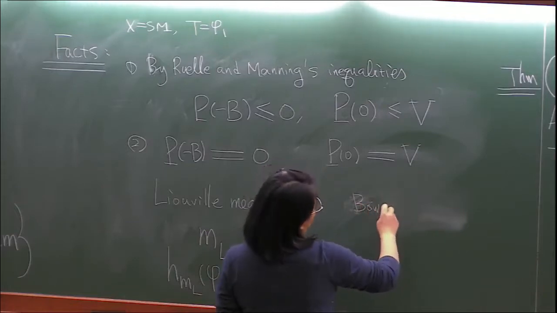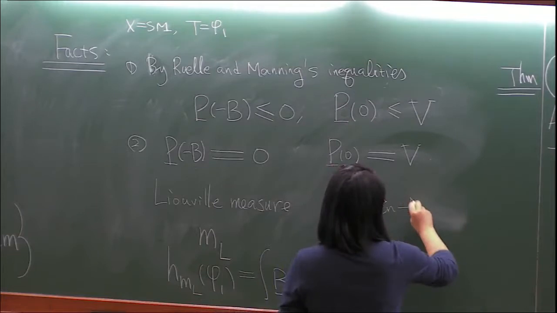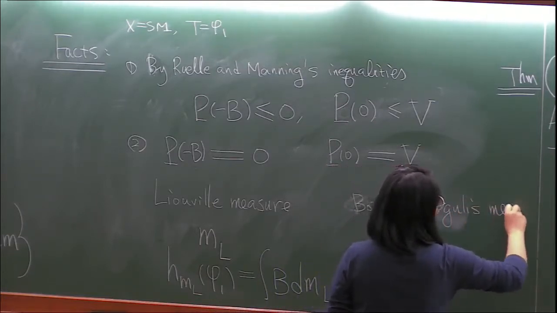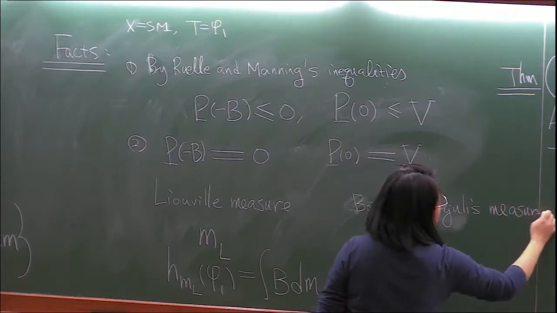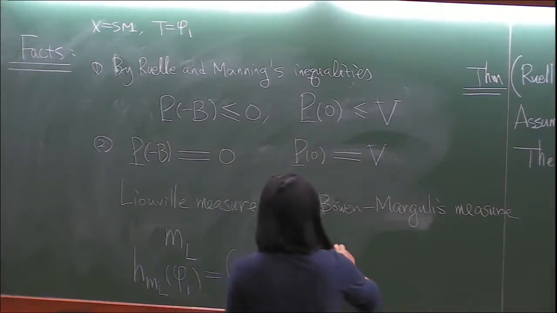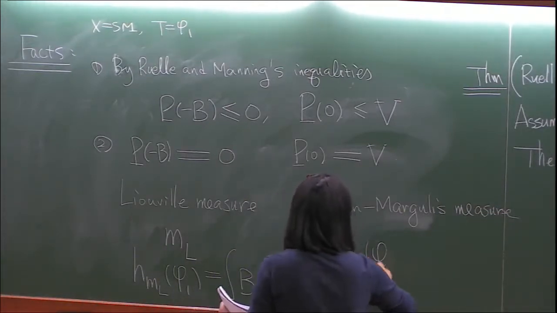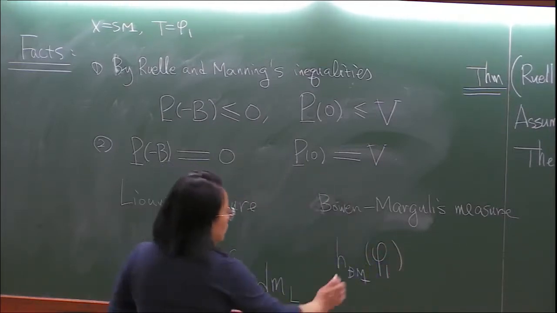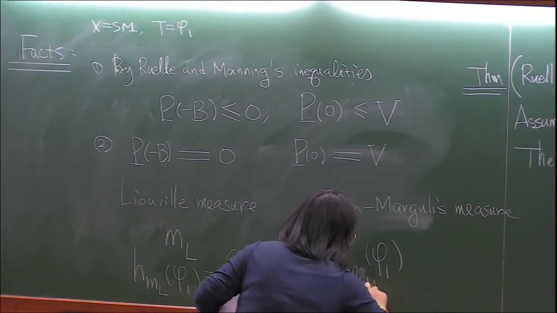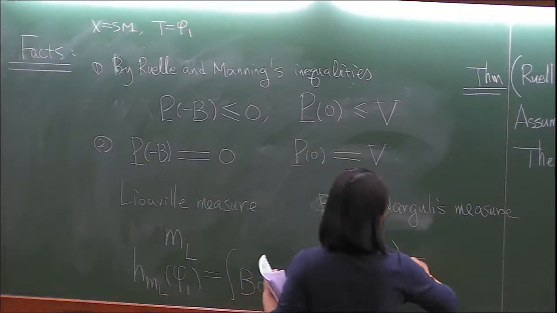So this makes sense. And about this part, actually you will have the maximal entropy measure, which also has the name Bowen-Margulis, I think. Measure, which is actually the maximum entropy measure, because in this case, I will show later, I have to construct this measure first and then convince you that its entropy equals this.